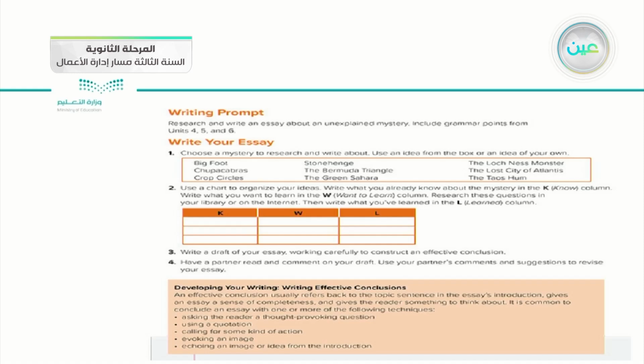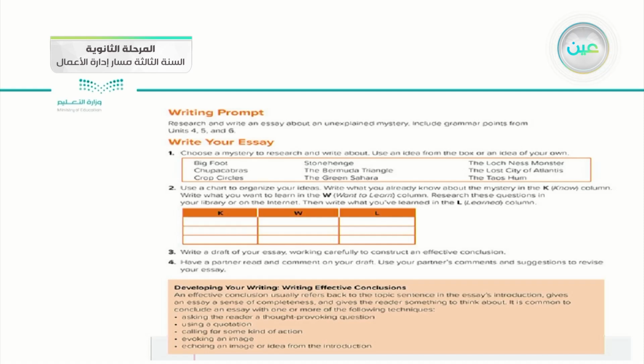Number 1, Bigfoot, Stonehenge, the Loch Ness Monster, the Chupacabra, the Bermuda Triangle, the lost city of Atlantis, crop circles, the Green Sahara and the Taos Hum. These are some titles or big ideas for your research on these mysteries.